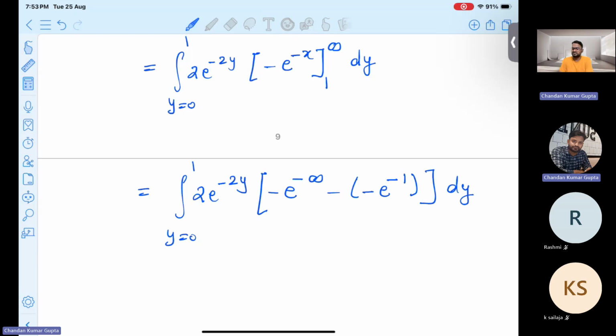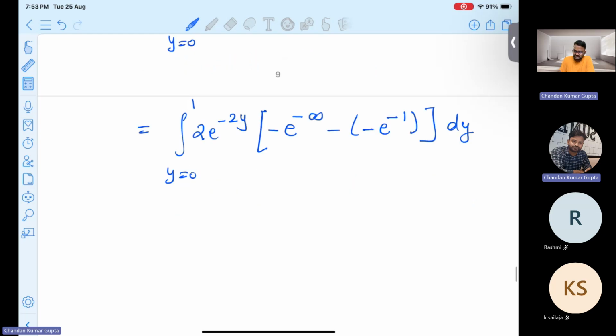Obviously you can solve this, and you will find the first term comes out to be 0, and minus times minus equals plus. So e to the power minus 1 is the only thing remaining. After solving all this, we get the integral from 0 to 1 of 2 e to the power minus 2y times e to the power minus 1 dy.